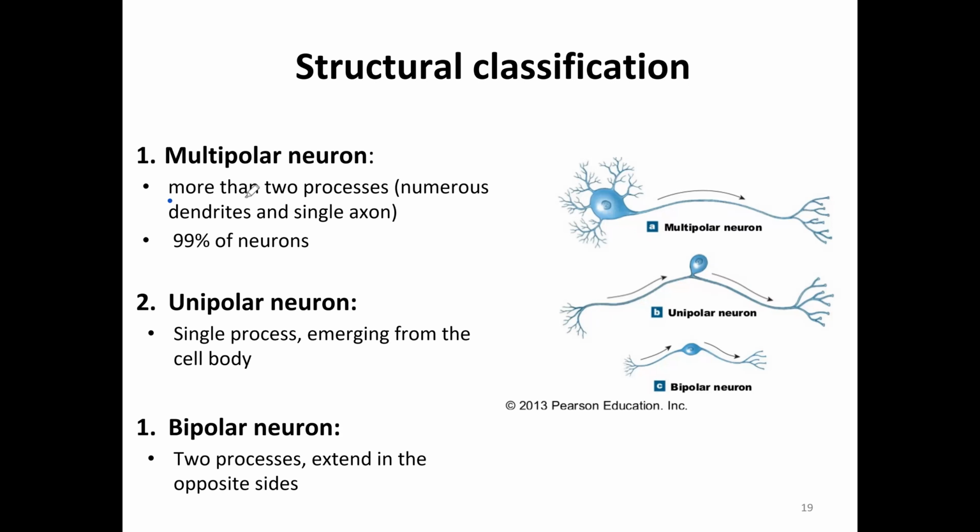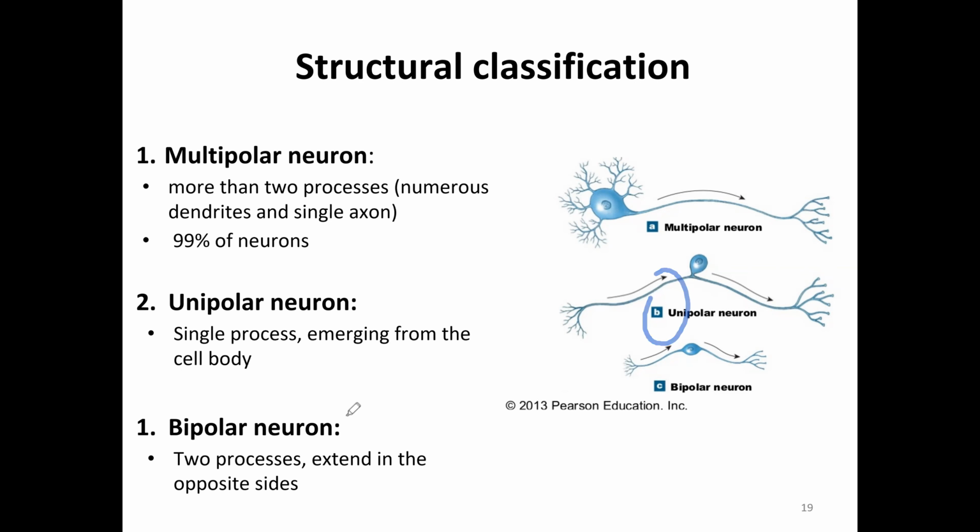A multipolar neuron has more than 2 processes, usually numerous dendrites and a single axon, and this is 99% of neurons. Then we have a unipolar neuron, when we have only 1 process from the cell body, a single process emerging from the cell body.